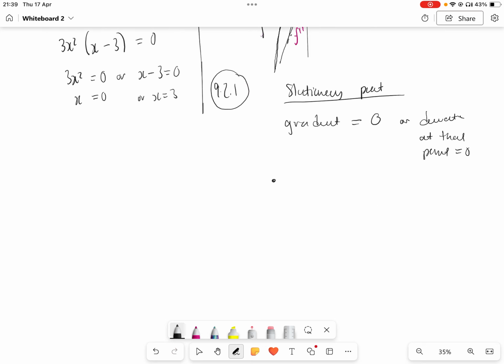And where can we see a stationary point? At a point of inflection. So what is a point of inflection? You see in the cubic function of x cubed, this point over here, where the cubic function changes concavity. So that's called a point of inflection.